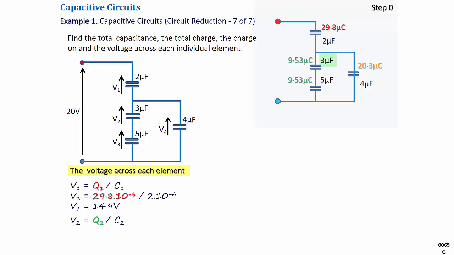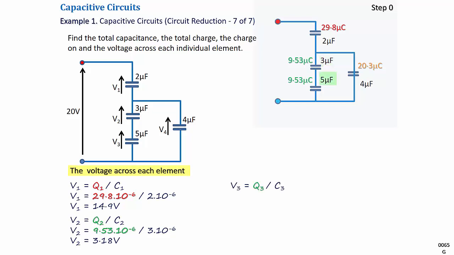V2, the voltage across the 3 microfarad capacitor, equals Q2 divided by C2. Substituting values, V2 equals 9.53 times 10 to the power minus 6 divided by 3 times 10 to the power minus 6, which equals 3.18 volts.